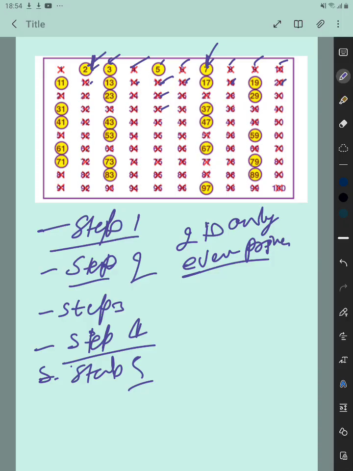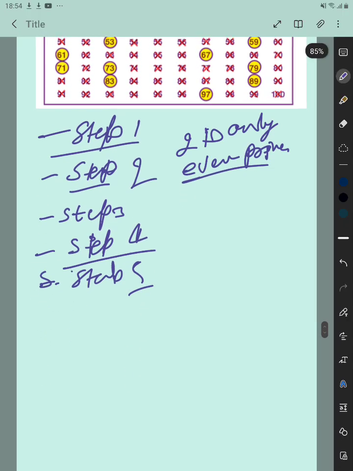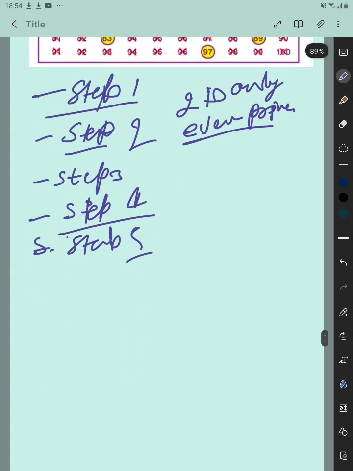Finally, in the figure above, the numbers that are circled are the prime numbers, and those that are crossed out are the composite numbers. This method is called the Sieve of Eratosthenes, named after the Greek mathematician. Now we'll take an example and explain it.